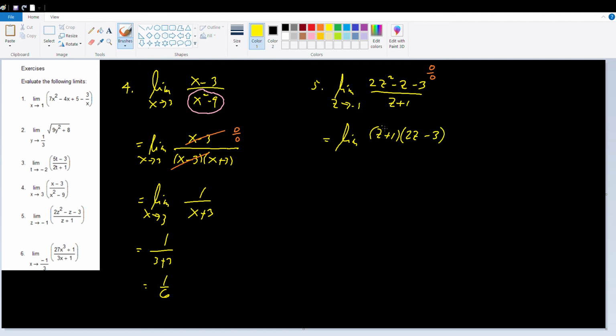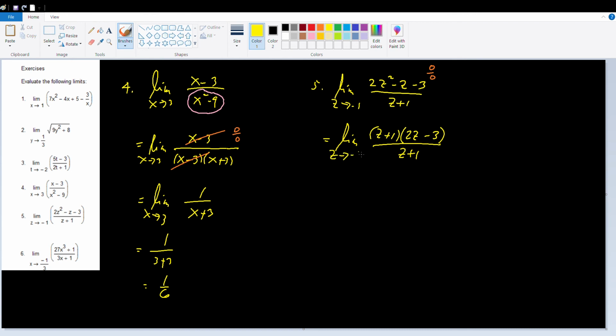Alright, so we check. C times 2c is 2c squared. C times negative 3 is negative 3c, and 1 times 2c is positive 2c. Negative 3c plus 2c is negative c. And finally, 1 times negative 3 is negative 3. Okay? So all over c plus 1.